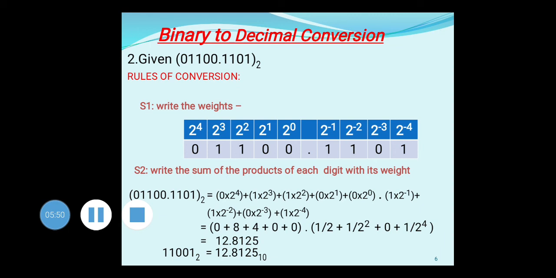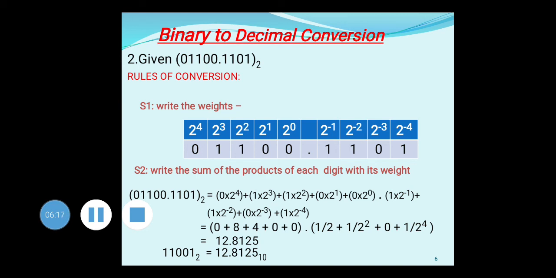You multiply each binary bit with its corresponding weight. We start with the MSB bit. So 0 into 2 raised to 4 plus 1 into 2 raised to 3 plus 1 into 2 raised to 2 plus 0 into 2 raised to 1 plus 1 into 2 raised to 0.